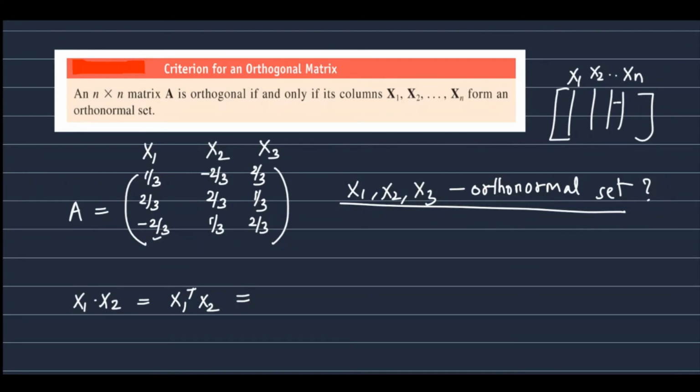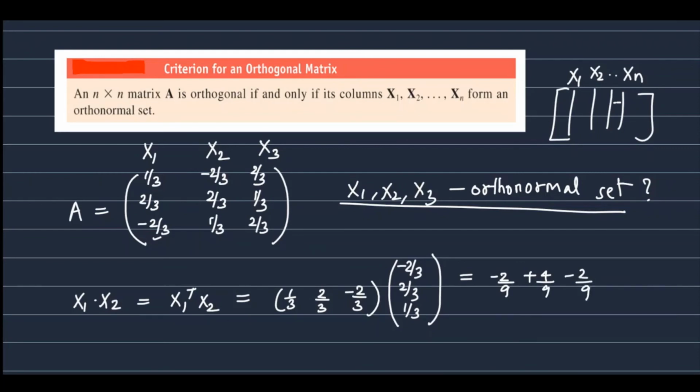So its transpose is 1 by 3, 2 by 3, minus 2 by 3, multiplied by x2, which is minus 2 by 3, 2 by 3, 1 by 3. So here we will get minus 2 by 9 plus 4 by 9 minus 2 by 9, which is equal to 0. So we got x1 dot x2 is 0.